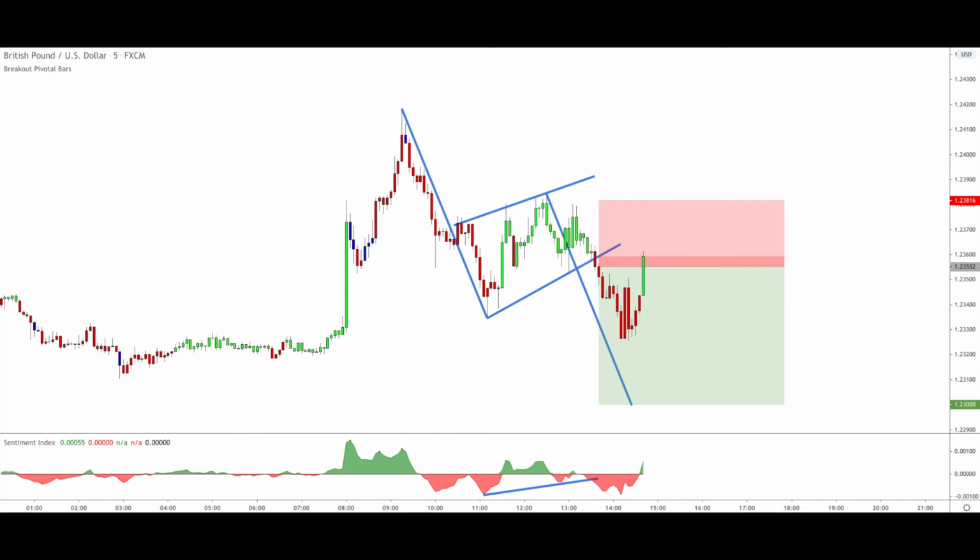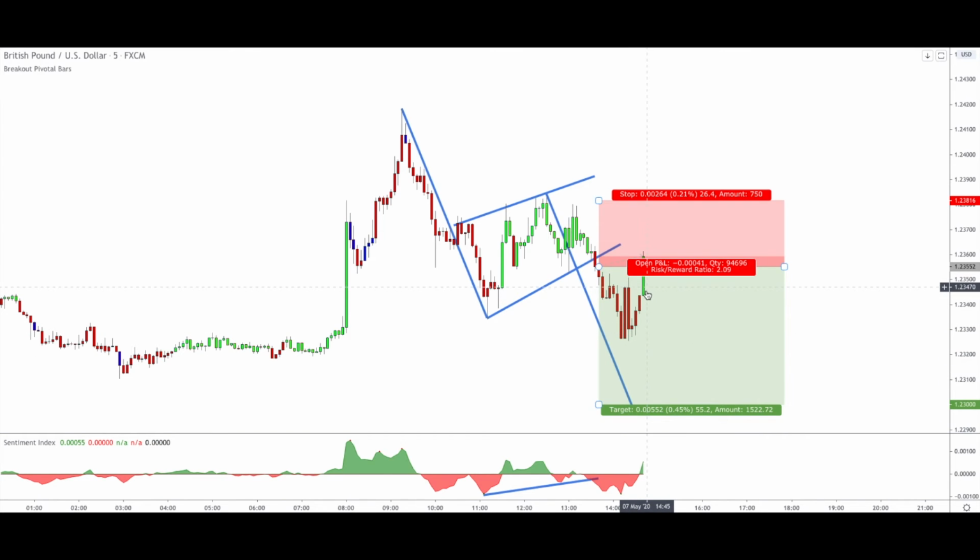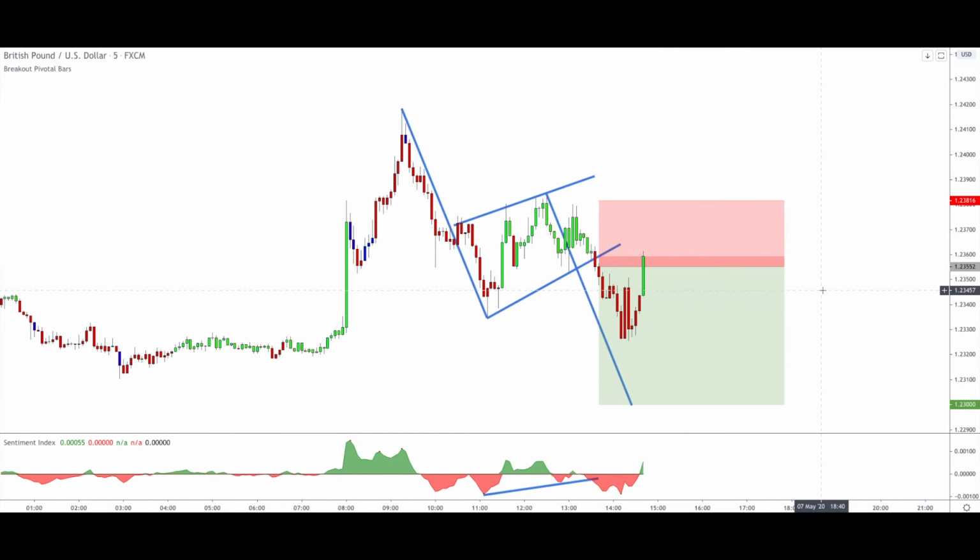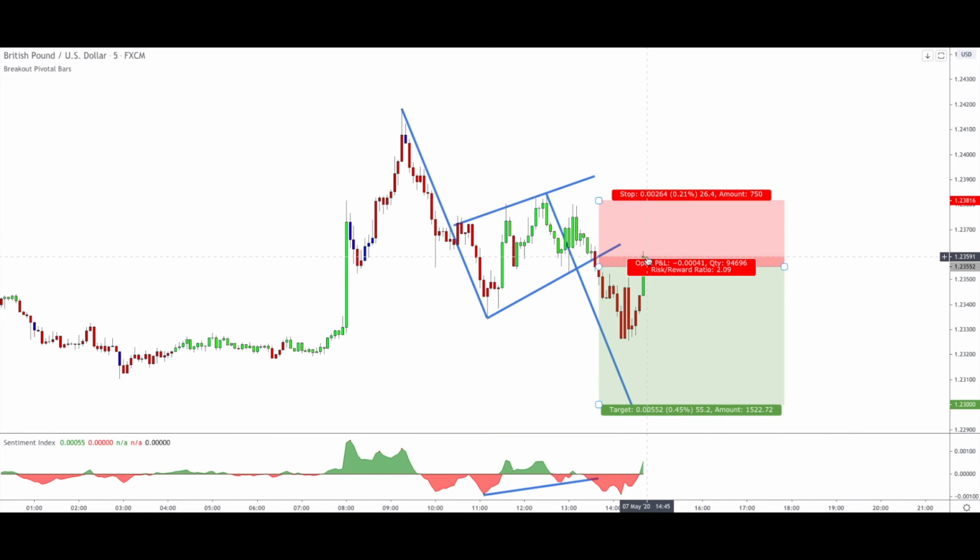So this is when most beginner traders get scared, because the price went straight down almost halfway into the target, but then reversed. And now we have a green candle, which is okay. We take it for what it is. But most importantly, it's within our stop loss.